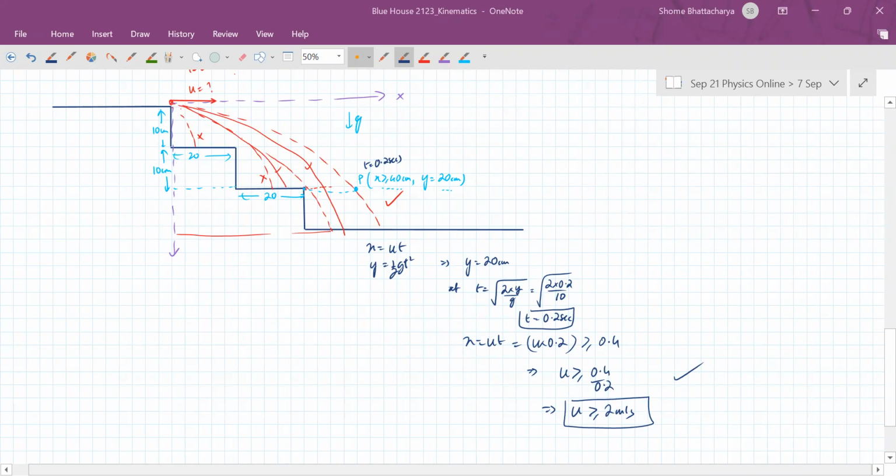You're projecting the goalie from a height of 19.6 centimeters from the ground. It has to be projected horizontally, and it is at a horizontal distance of 2 meters. So it's again a case of horizontal projection from an elevated point.